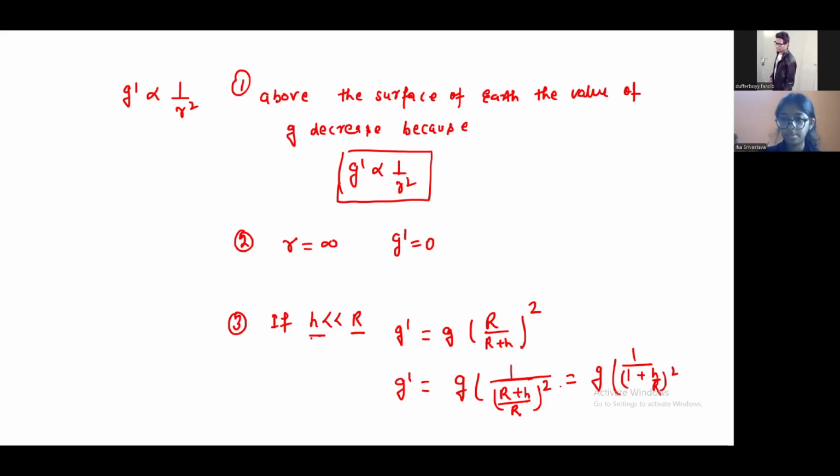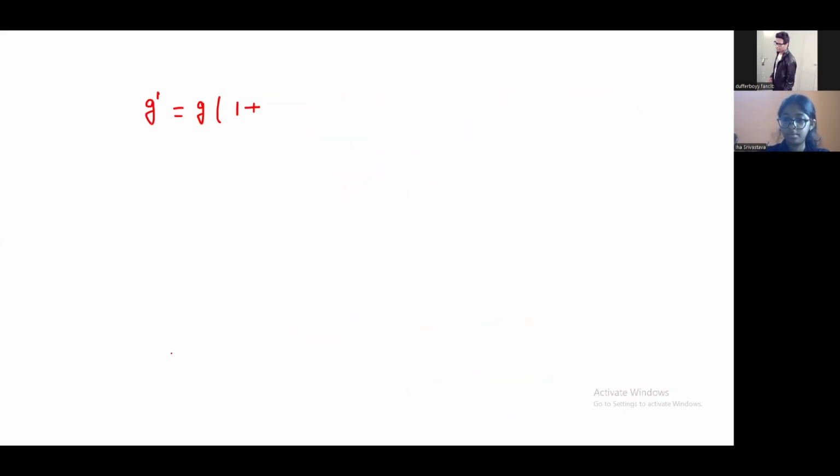When we divide by the R value, this R cancels out and we get h by R. So when we convert that value, we get g into (1 plus h by R) power minus 2.